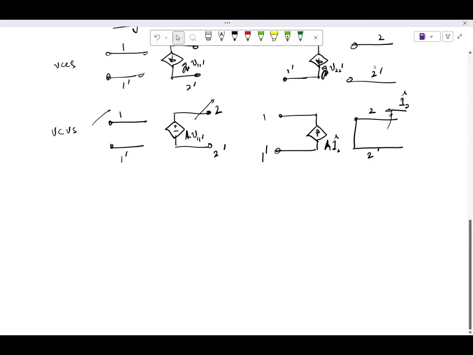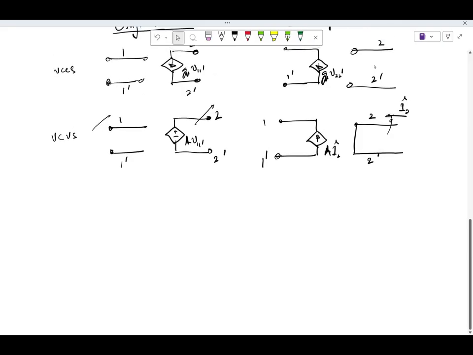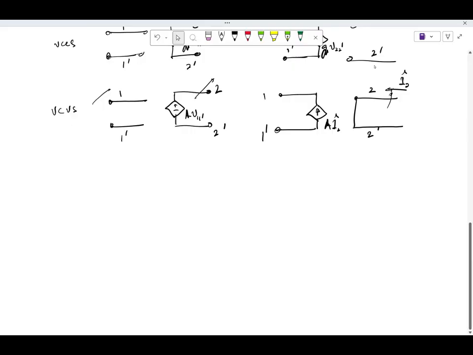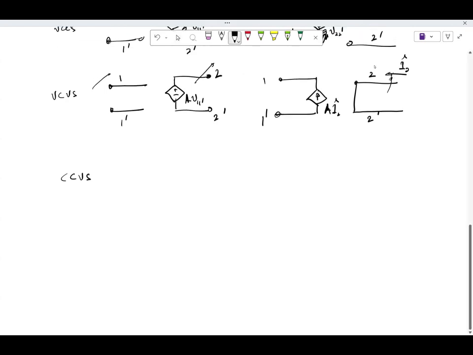There are 2 more. Let me do 1 more, and then I will leave the other to you. So let's do the current controlled voltage source, for example, right? So let's do CCVS. So let's say this is a current controlled source, that is if I have I1, this is a voltage source.